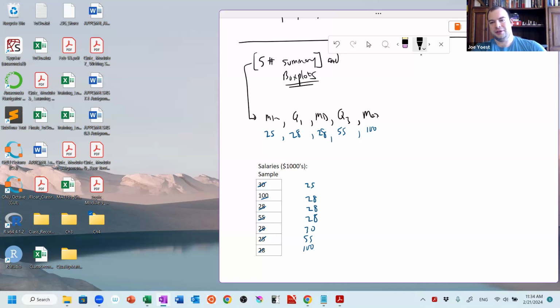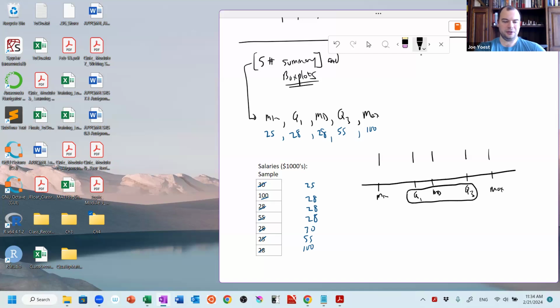Now for a box plot, what I do is I set a number line. I indicate on the number line the min, Q1, the median, Q3, and the max. And then above the number line, I make a vertical tick mark above each of those. The middle three, encapsulating Q1, the median, and Q3, I draw a box.